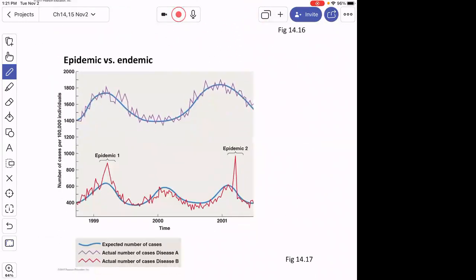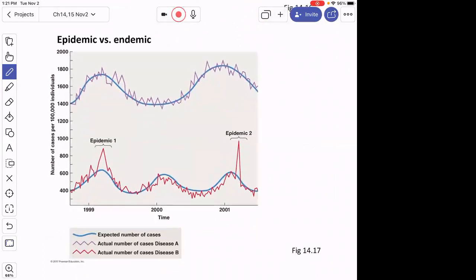And just to point out that something that's considered endemic doesn't necessarily mean there's only a few of them. So in this case, we had an endemic infection here. That's the blue line up here at the top. So it kind of fluctuates with the season, and the actual numbers here are in the purple.